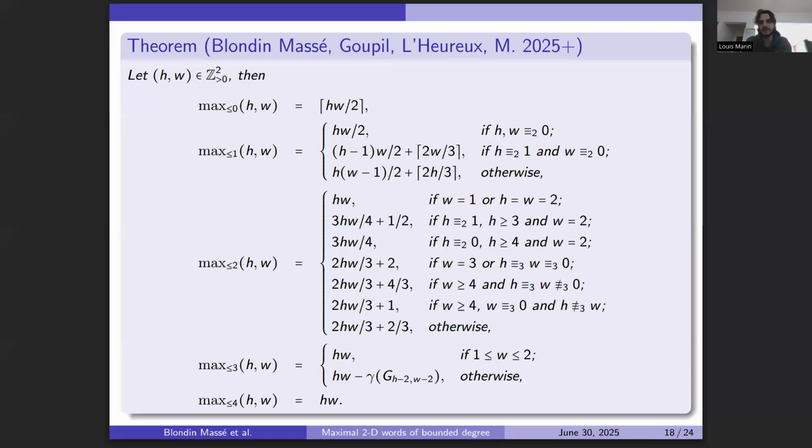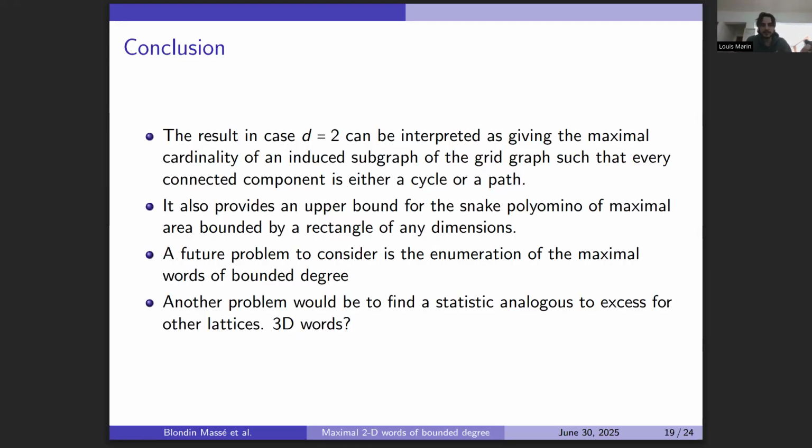But maybe it can also be interesting as a generalization of the dominating number problem, though this would be only for grid graphs. The result in the case d equals 2 gives us, in graph theory, the maximal cardinality of the induced subgraph of the grid graph such that every connected component is either a cycle or a path.